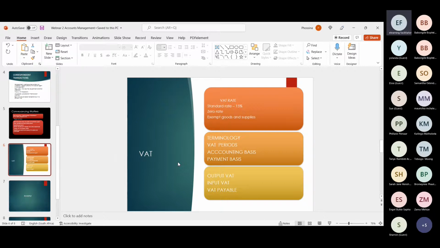VAT does not apply to anyone who is earning a salary, remuneration. If someone is earning a salary, then they are not supposed to charge VAT. It is for goods and services, where you are adding value on top of what you are doing. Each stage should be adding value.